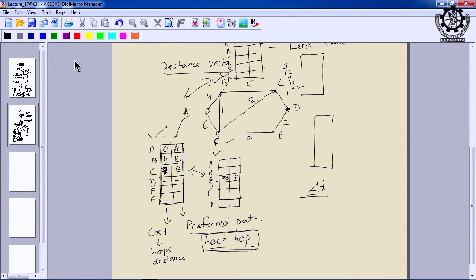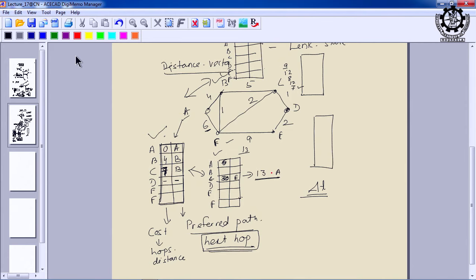If F can reach A with a cost of 6, then 6 plus 7 will be 13, that means if I change my path via A, I can reach C with a lower value, equal to 13, and the preferred path will be A.